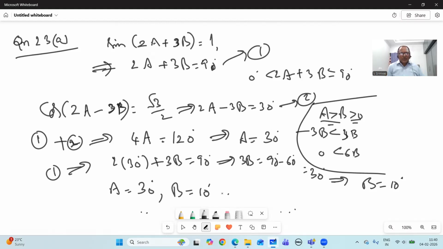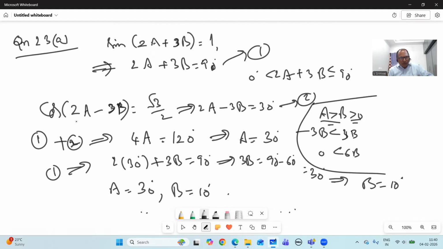Okay, so that completes it. What we have done here: we are given sine of 2a plus 3b to be 1 and cos of 2a minus 3b equal to root 3 by 2. We are asked to calculate the values of a and b. You have to assume a and b as constants and work out. When your 2a plus 3b is given to be between 0 degrees and 90 degrees, your 2a plus 3b has to be 90 degrees because of this condition. Your sine ratio value is 1. Therefore, this angle must be 90 degrees.